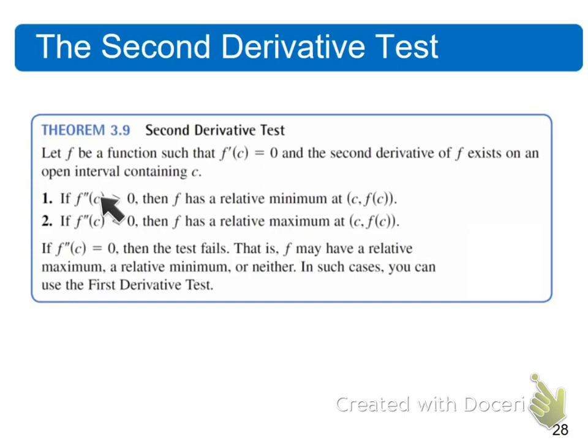If the second derivative at that c value is positive, and I always tell students to think this, if the second derivative is positive, I have a relative min. If the second derivative is negative, I have a relative max. We're going to use this a ton, the second derivative test, when we talk about optimization later on in this unit.